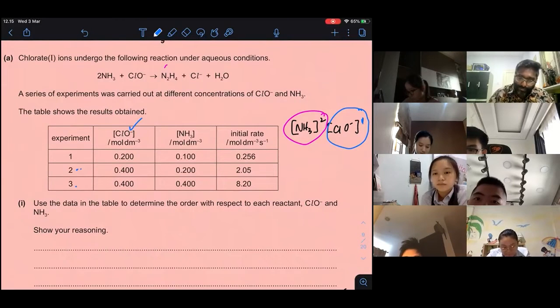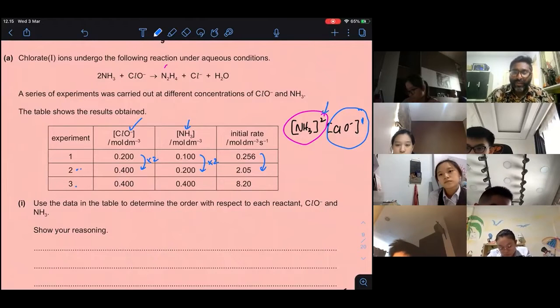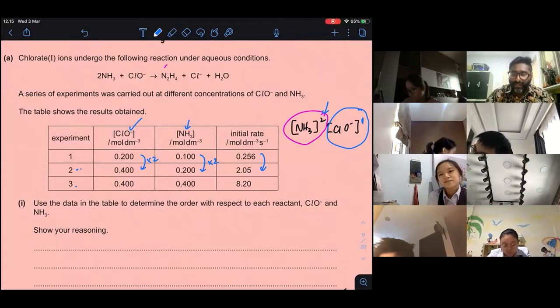If you use 1 and 2, you see here this is going to be times 2. This is also times 2. And I know that for ammonia, times 2, because it's second order, it's 2 to the power of 2, which means times 4. It must be times 4. But let's see, is it only times 4?